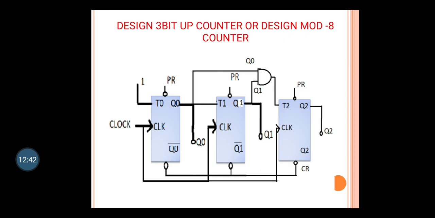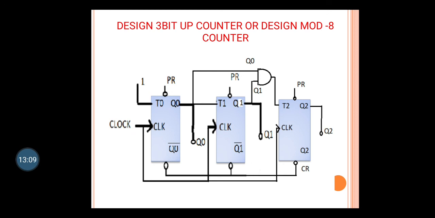Then is the logic diagram. So in the logic diagram, for T0, T1, T2, connect the clock to all the clock inputs of the flip-flops. Then connect all the clear terminals together, and using the K-map equations, you have to draw the logic diagram and do the connections. So if in the K-map you got T0 is equal to 1, connect T0 to 1.